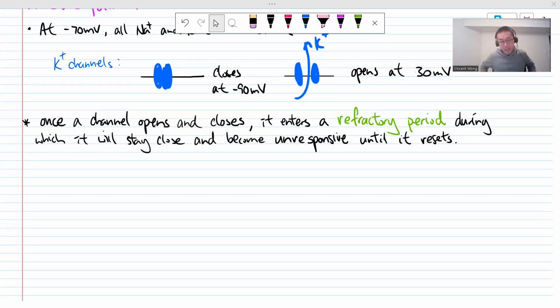Now, we're going to take a look at what happens when the signal needs to go down the axon. We have all the background information that we need. This part is a little bit tricky to teach because I need to do multiple diagrams, and I don't have as much board space on the screen as I would in the classroom.